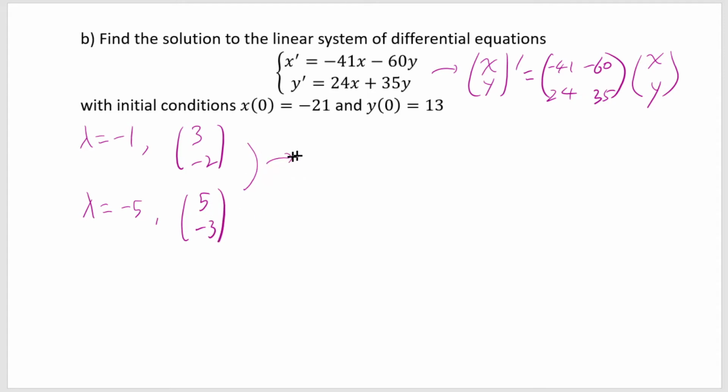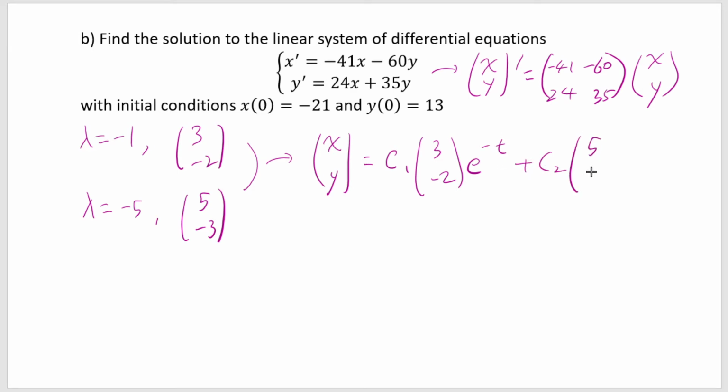So these together tell us that x, y should equal c1 times the first eigenvector with its eigenvalue plus c2 times the second eigenvector with its eigenvalue right here.